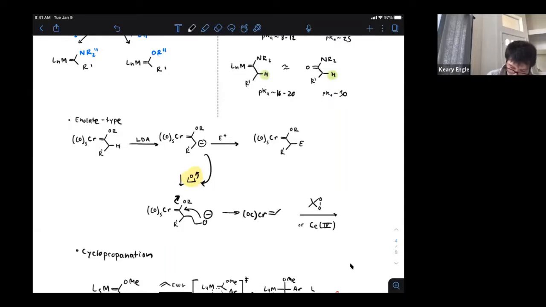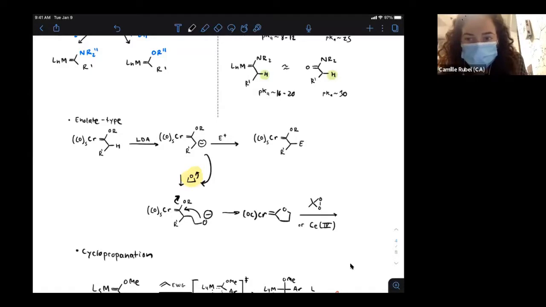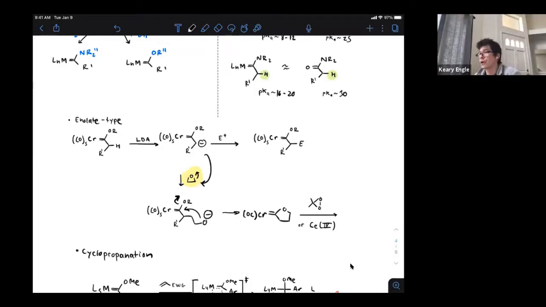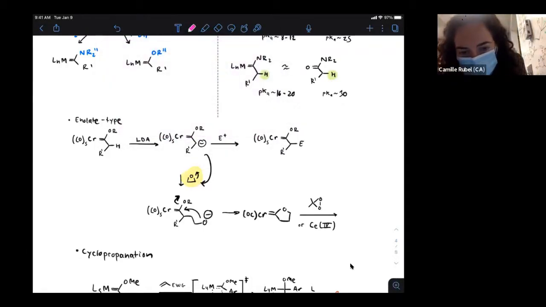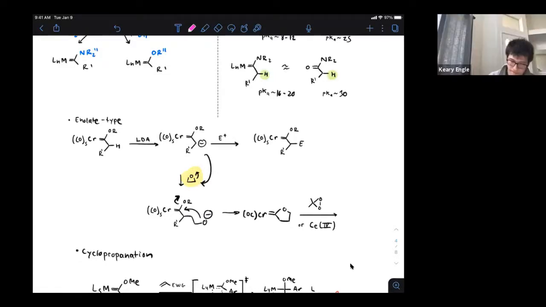And then what about this last step? Camille, any thoughts here? DMDO or some other strong oxidant, like I've drawn the cerium 4. An oxidant. I mean, I'm guessing the ligand will fall off. Okay. I don't know. Let me draw this in a suggestive way. Let's see if I can take advantage of the rotation.